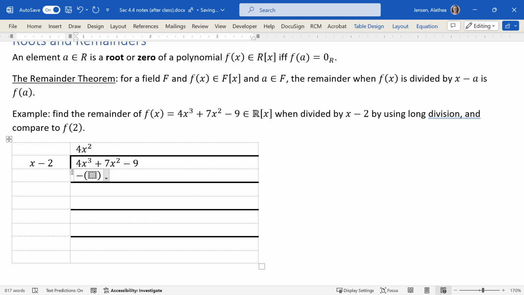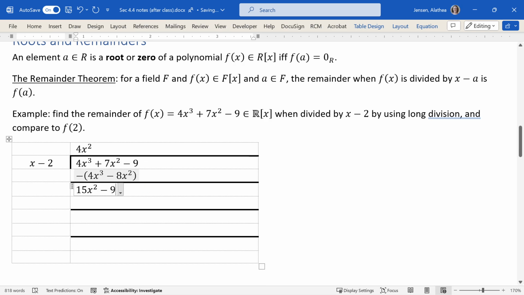So 4x squared times x minus 2 is going to be 4x cubed minus 8x squared. Now I'm subtracting that from the top part. The 4x cubes cancel out, and then I'm going to have 7x squared minus minus, so plus 8x squared, so 15x squared, and then I still have the minus 9 part.